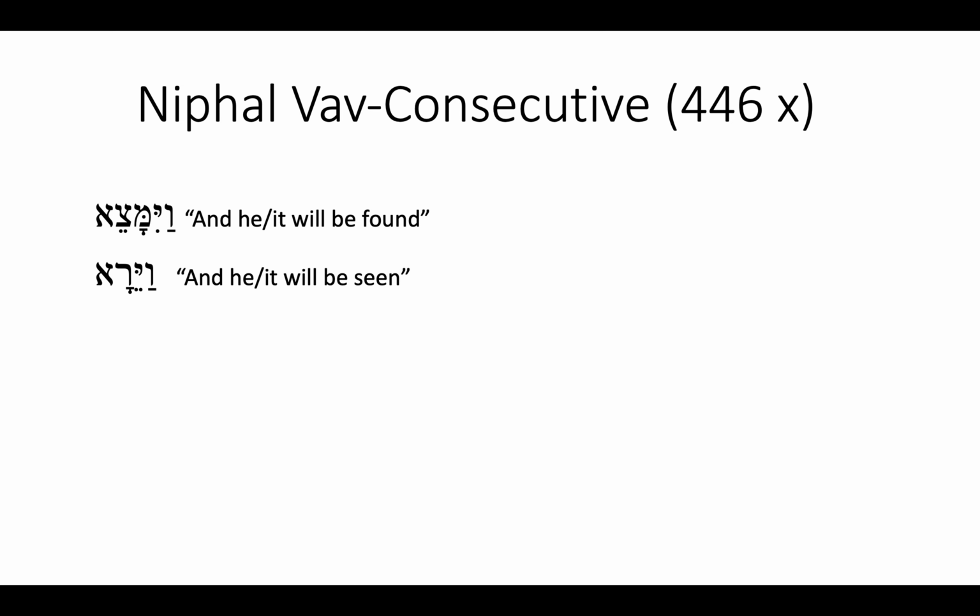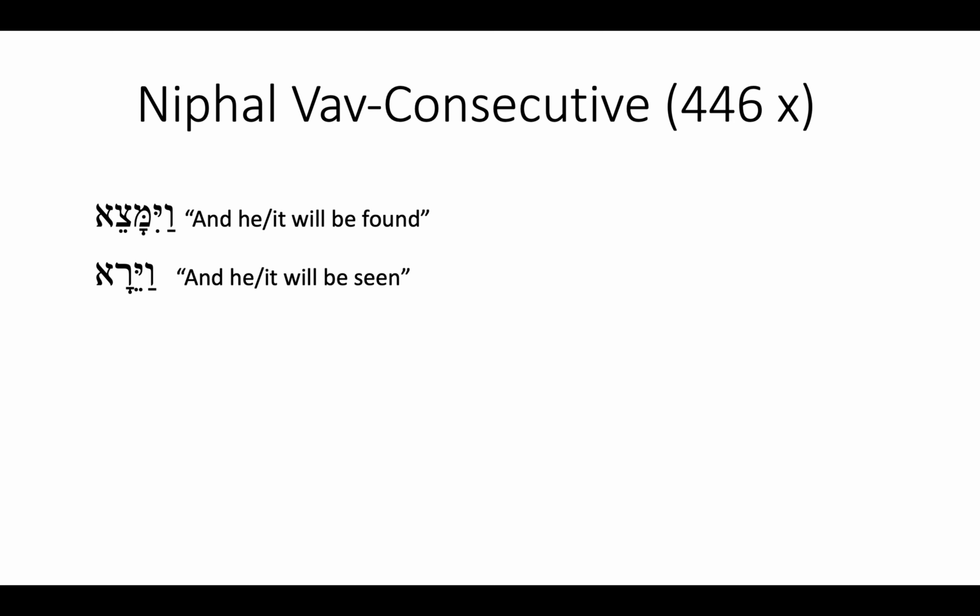The next one is fairly common, but maybe a little tougher to differentiate. Vayera, and he or it will be seen. So this comes from the root Resh Aleph Hey, and of course Hey's always drop out in the vav consecutive, so we don't expect to see that.